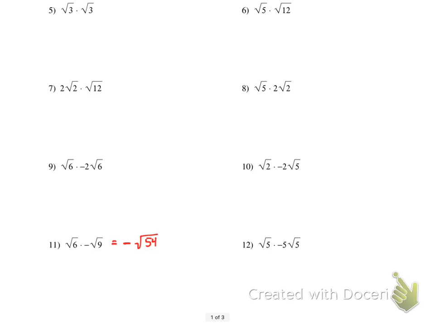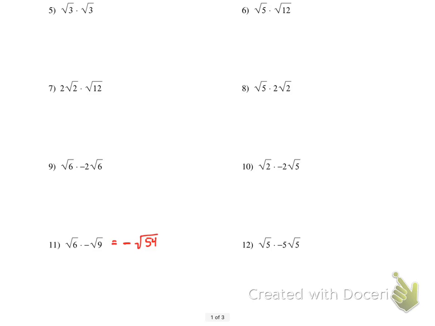Say that again? How come you couldn't do a negative square root of 9 times square root? Why do you have to combine them when there's already a square root of 9? You're right. And this one, I'm just saying as an example. But yeah, to clarify, right here, you might recognize that square root of 9 is already a perfect square.